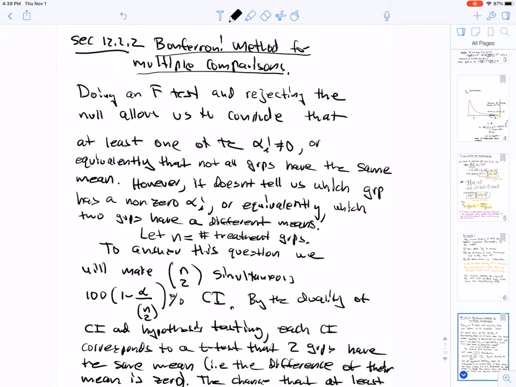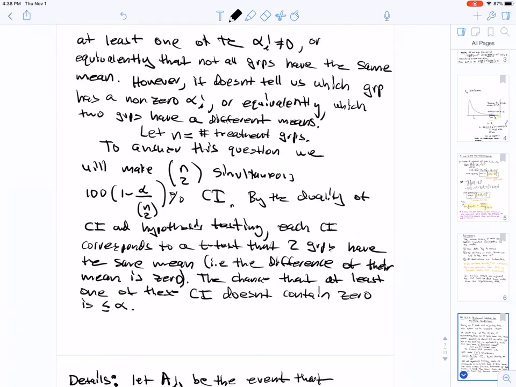If we wanted to make n choose 2 simultaneous confidence intervals, each confidence interval should be at alpha over n choose 2 level of significance. And I'll explain why in just a second.